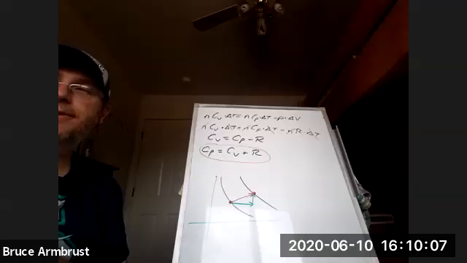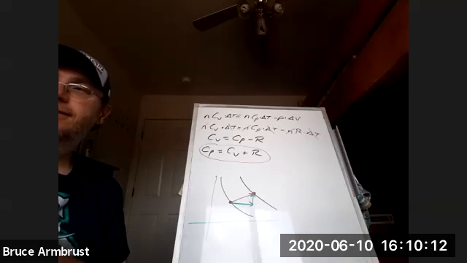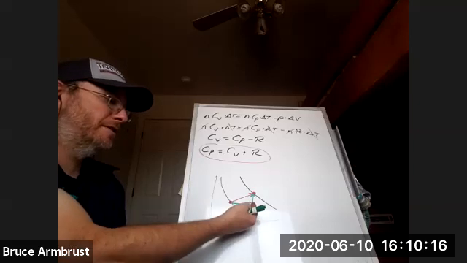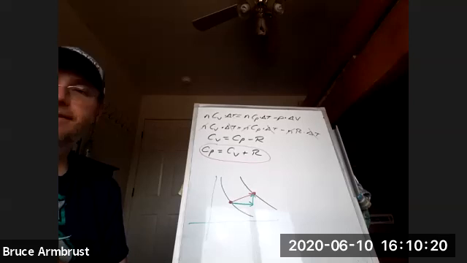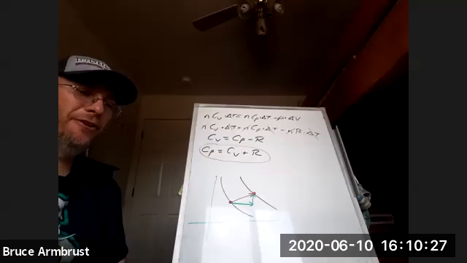Because of the change in pressure and volume? No, not where I'm going. So Victor's kind of getting at it. Isochoric, so this bit, there's zero work. But how do you calculate work?